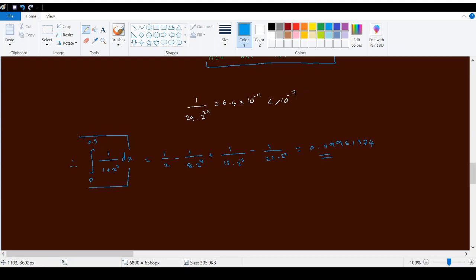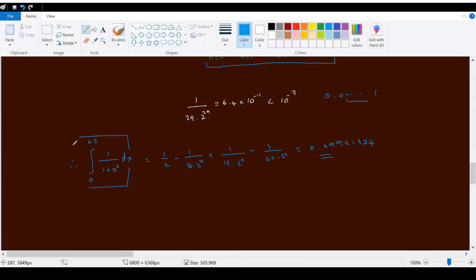Since the error is less than 10 to the power minus 7, we will have 7 decimal places, so it's a very accurate number, right? It's not exactly the same, but it has a considerable degree of accuracy.